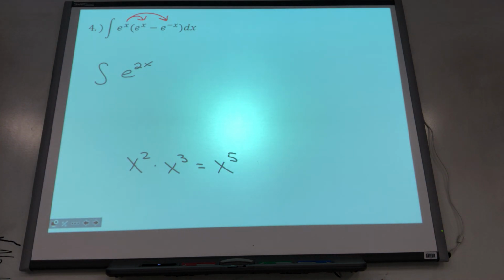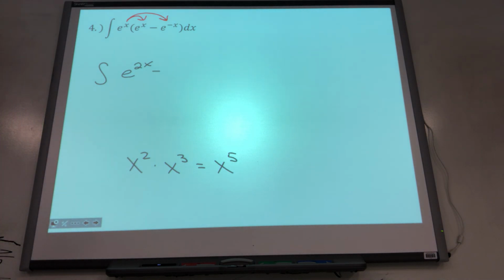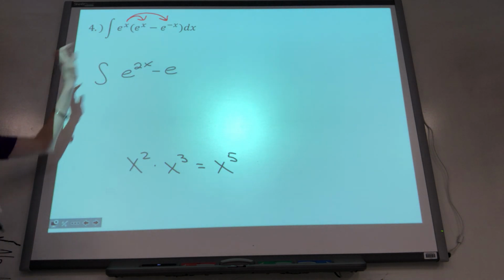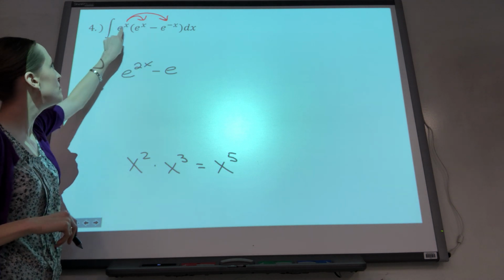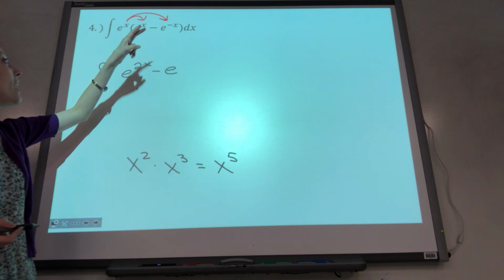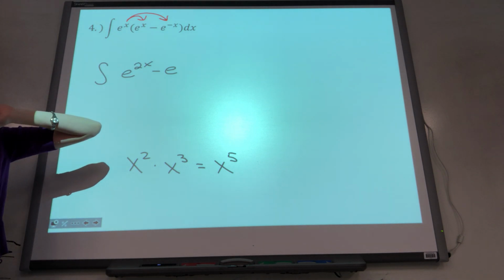That's going to become e to the 2x. Now I'll go ahead and put that minus sign down, and let me try the same thing with this part. Multiplying with the same base, I add my exponents. What is x plus negative x?